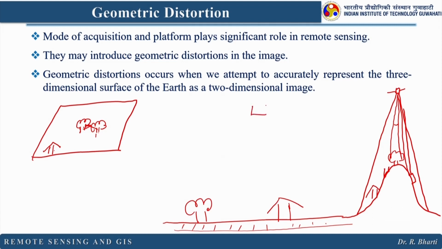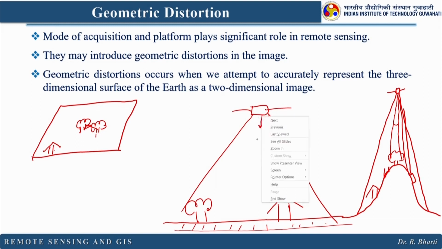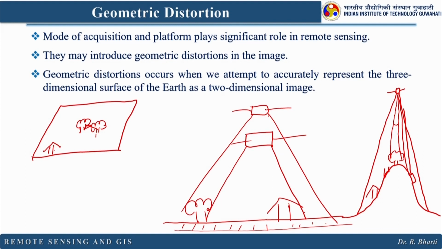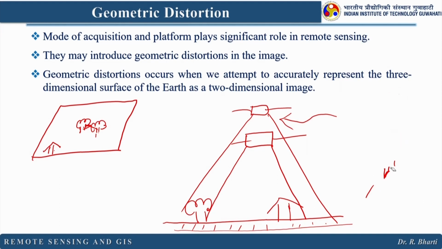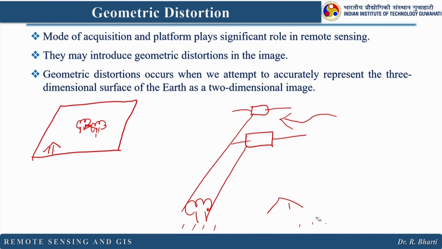If your sensor is located here and it is looking at this particular area, for some reason if it had come down by maybe 1 kilometer or 1 meter, what will happen? With the same FOV it will look at less area, right. And if that happened during the measurement, your image will have distortion, right. So it is very important to remove all such geometric errors from your remotely sensed image.